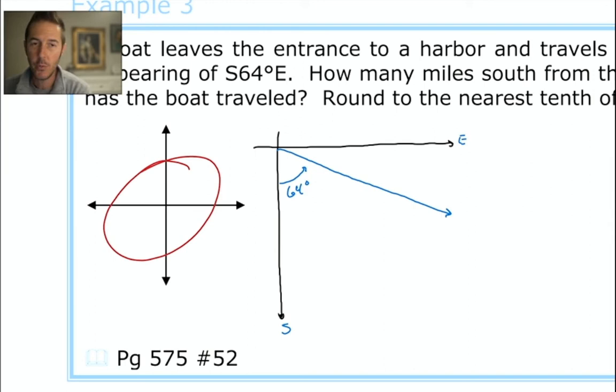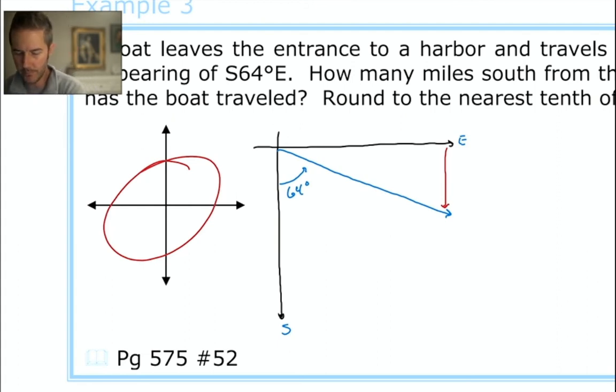And what I'm going to do is I'm going to make this problem more comfortable for me. I'm going to make this look more like a situation that I have worked with in the past. And in order to do that, I'm going to draw this sort of vertical leg. I'm even going to put an arrow at the bottom of it.